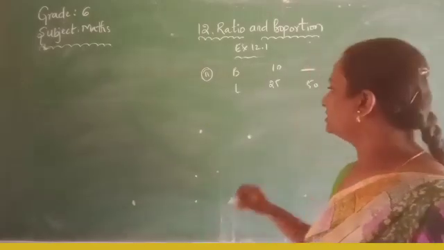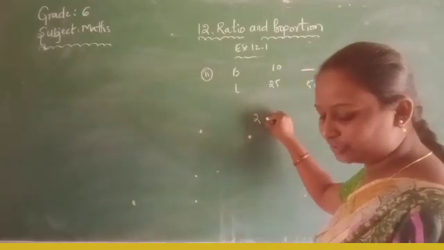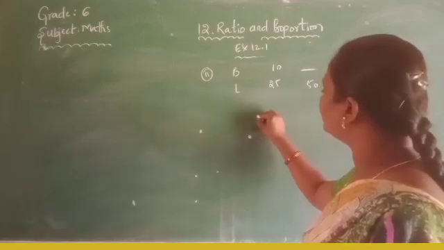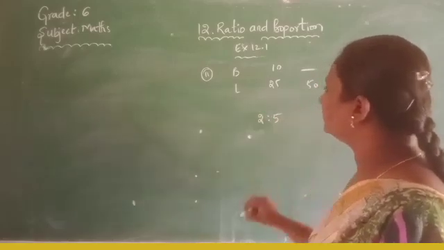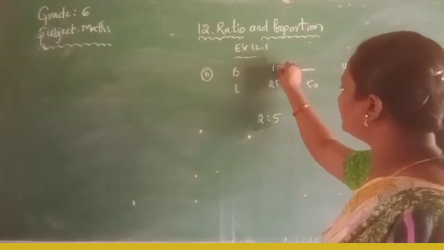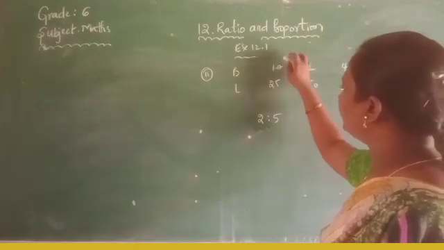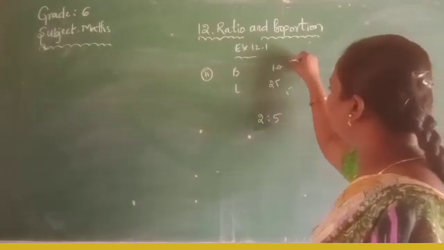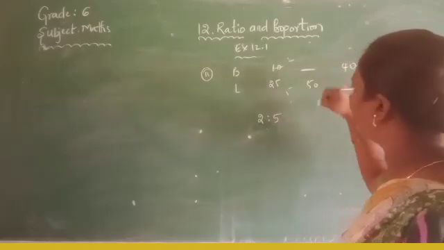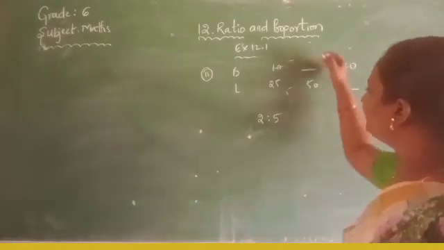How to find? Here the breadth and length ratio is 2:5. If you simplify this, 5 ones are 5, 5 twos are 10. How will you find that one? Just divide that.